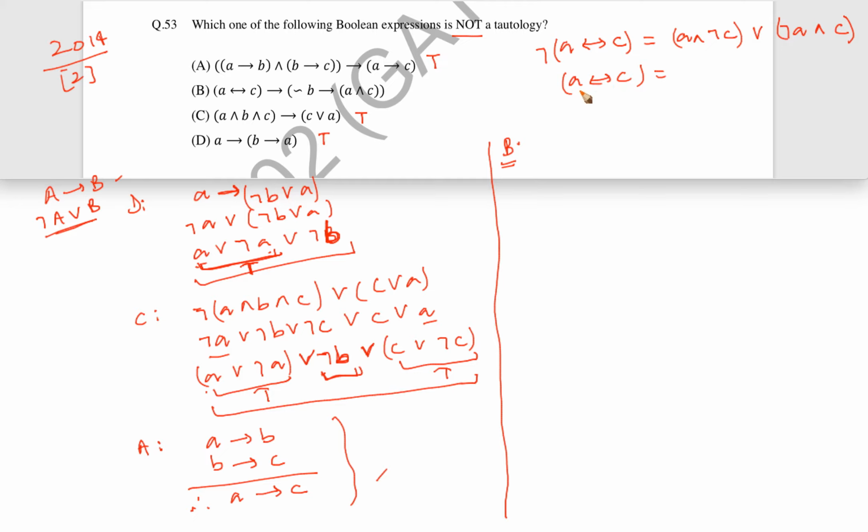Either A and C are of the same sign, so both are false or both are true.